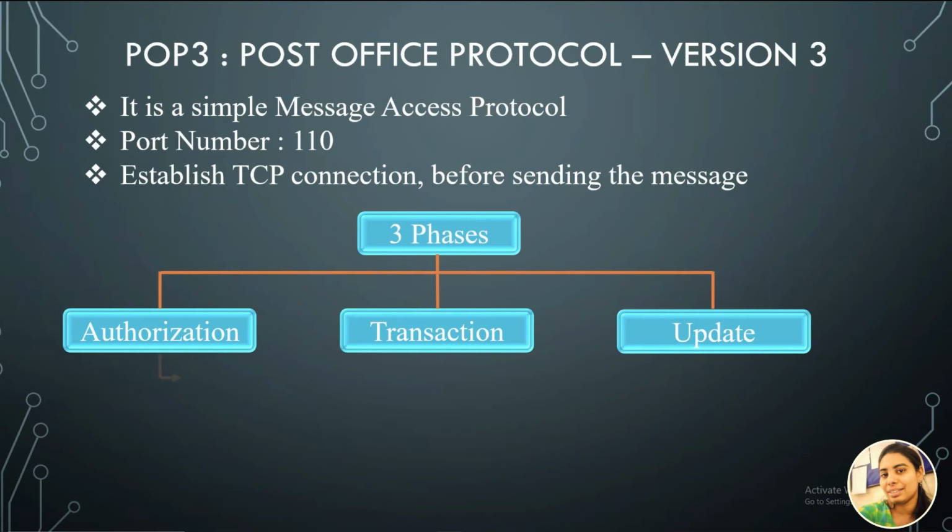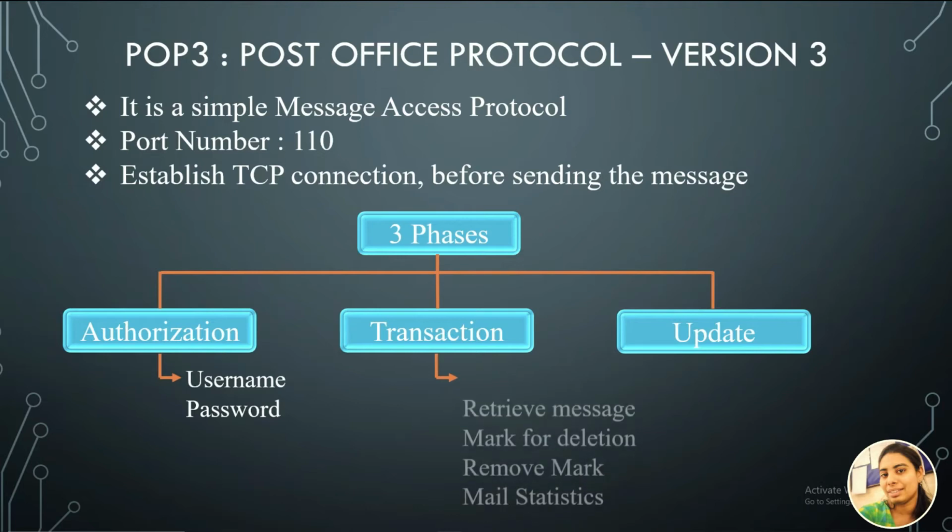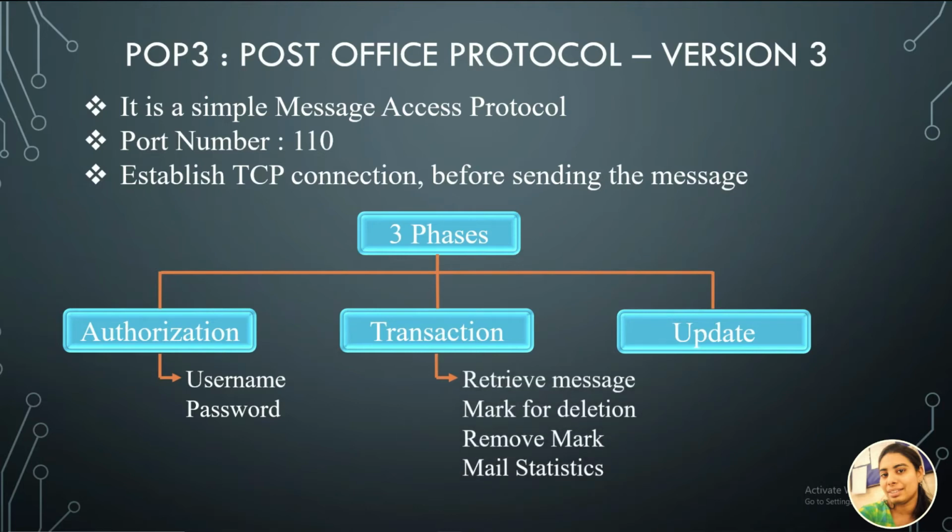In the authorization phase, the user will provide the identity or proof that a request which is sent to access that particular mail is sent by an authorized person. After providing the authentication information, the user will enter into the transaction phase. In this phase, the user can perform different actions on the mail or message, like retrieve the message, mark that message for deletion, remove the mark from the message, or get the statistics of mail and how many mails are in the mailbox, etc. Actions can be performed during the transaction phase.